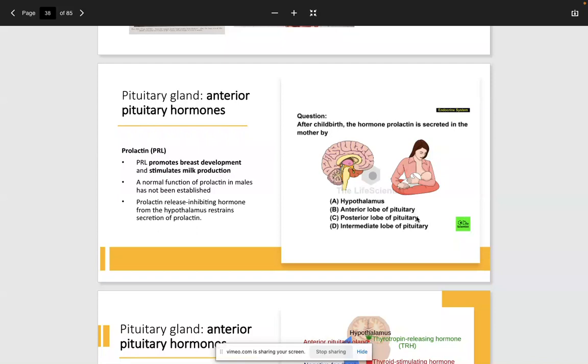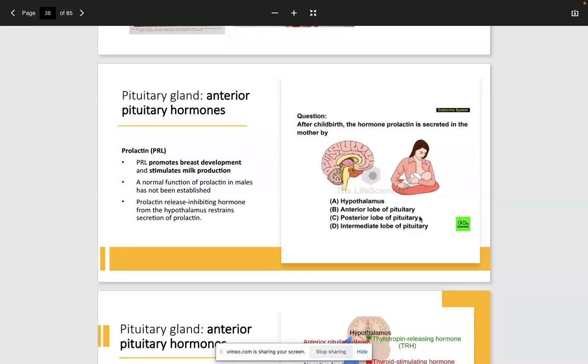Do you guys remember the two hormones that are present in the posterior lobe we discussed in the last lecture? There's only two. It's oxytocin. Oxytocin is responsible for milk ejection as well as uterine contraction during childbirth. And ADH, right?